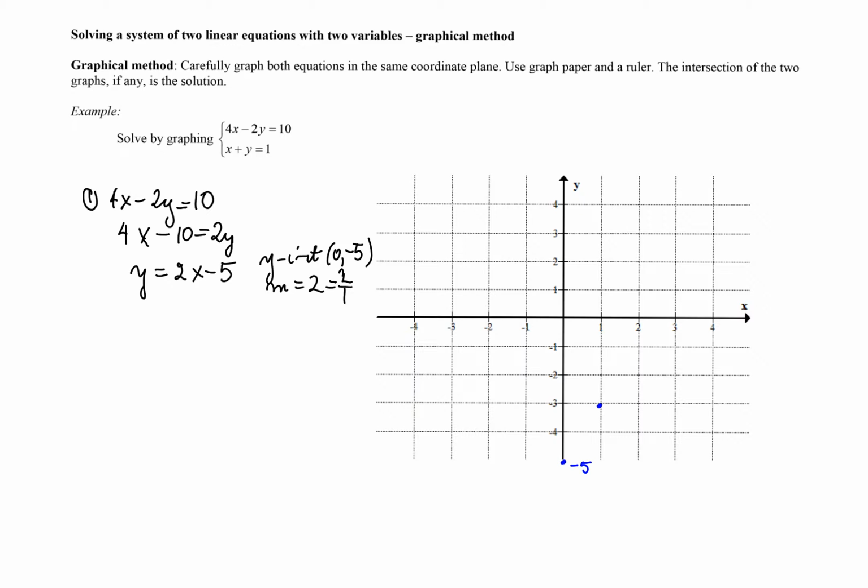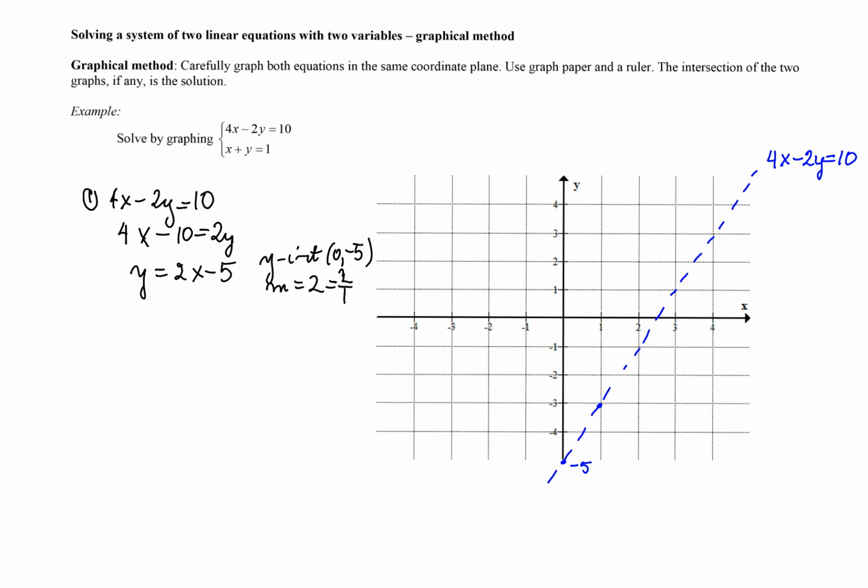We have 1 point, and we can graph the line that represents the first equation. So the set of the points on that line satisfies the equation 4x minus 2y is equal to 10.